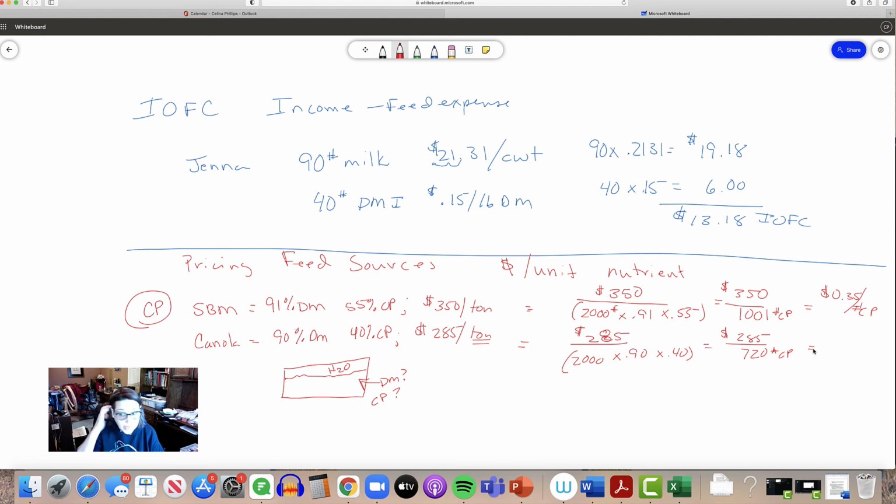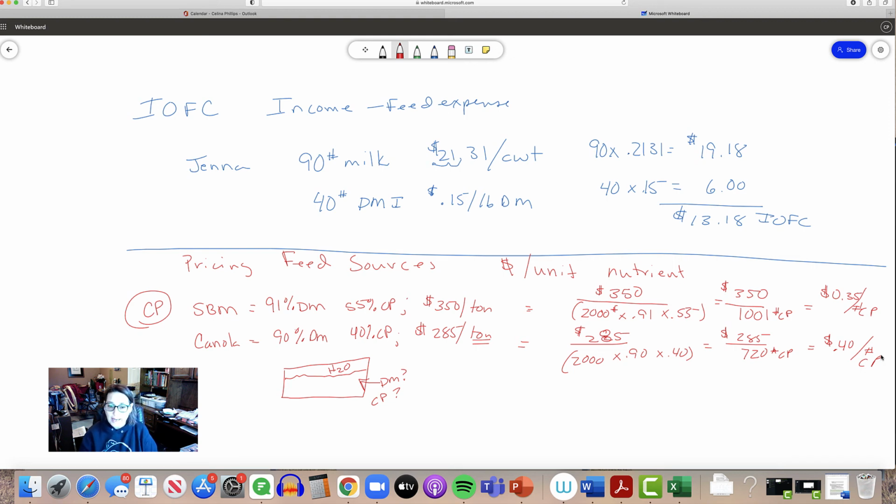So when we divide that out, $285 divided by 720 is 40 cents per pound of crude protein. So what we find is that the soybean meal, even though it costs more per ton, gives us more value for our dollar when we're looking for protein. We're going to have to use less of it, so it's cheaper per unit of protein than the canola meal.